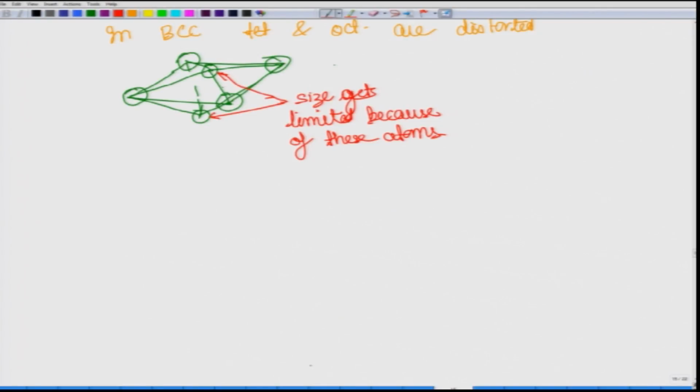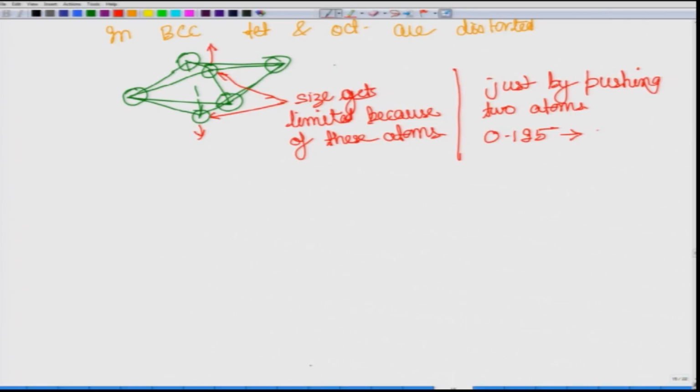Now, what is the easiest way to increase the size? Push these atoms apart. Just by pushing two atoms, this void can be increased in size from 0.195 to 0.796 angstrom.